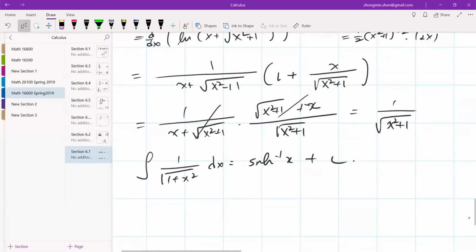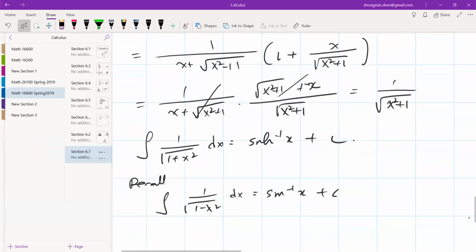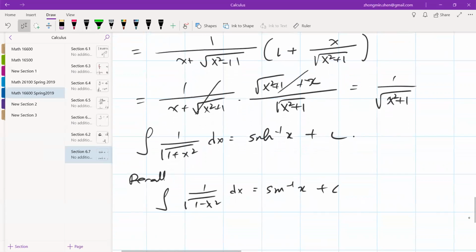Recall the integral of this is the inverse of sine x, which is from the last section. So very similar. The only difference is that here is a plus x squared and here minus x squared. This is the reason why we have to introduce the so-called inverse hyperbolic sine.